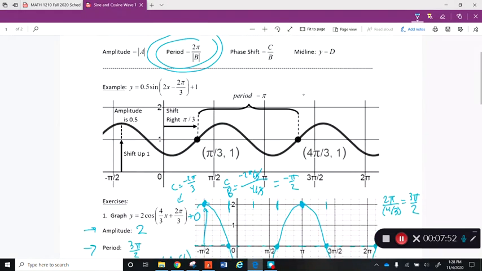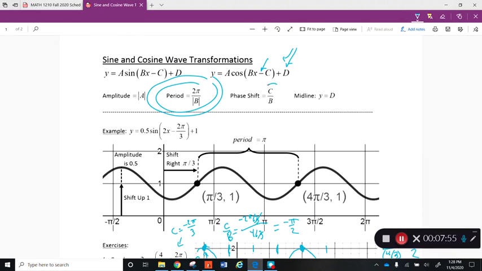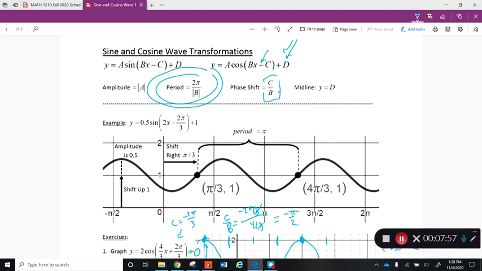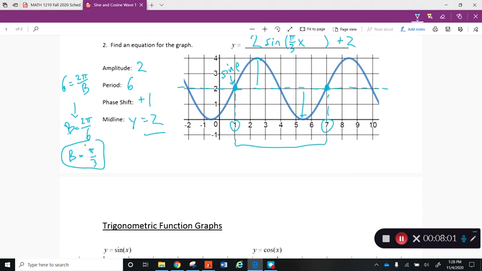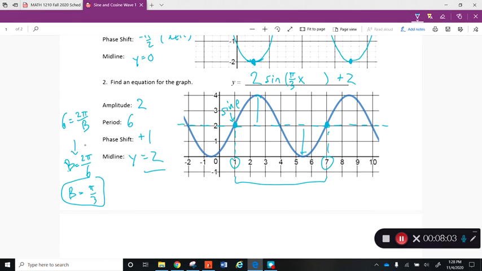Now we have to do minus c. And remember that the phase shift is c over b. So now that we've calculated b, we're going to use that information along with the phase shift of 1. 1 is supposed to be c divided by the b value, or pi over 3. And then that gives us the c value, which is also pi over 3.